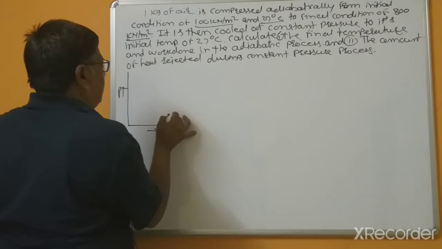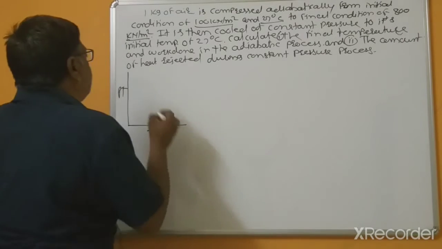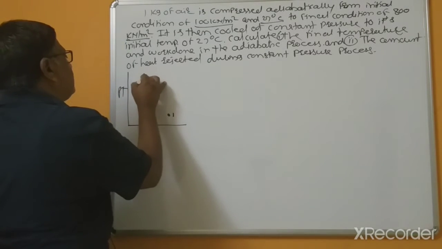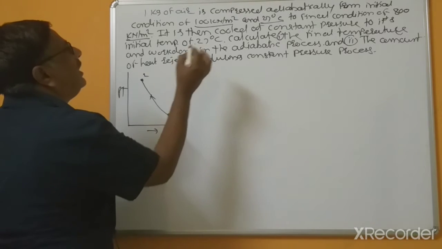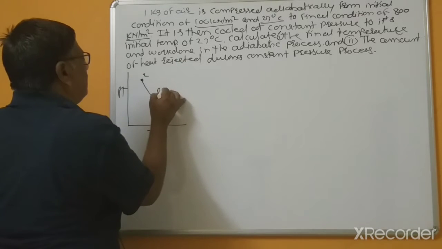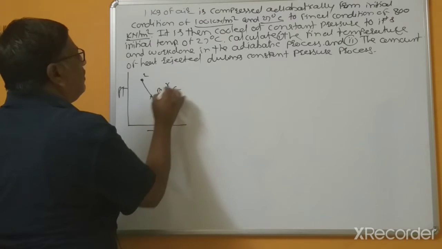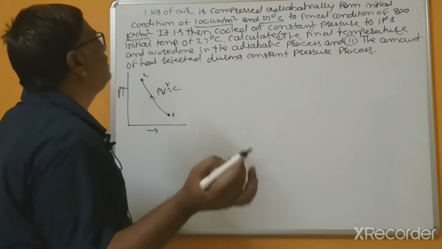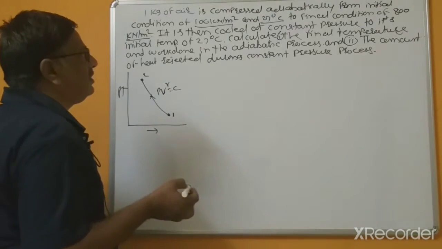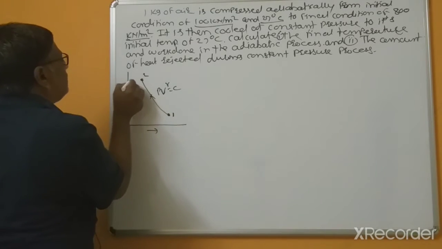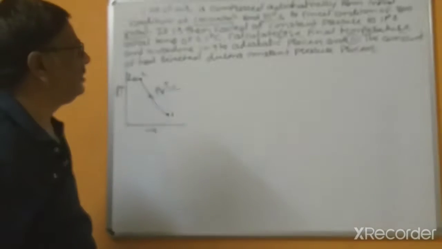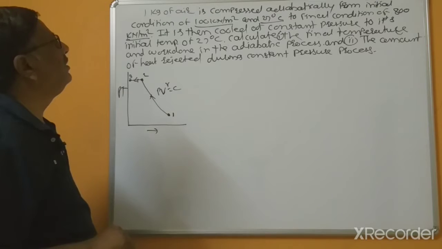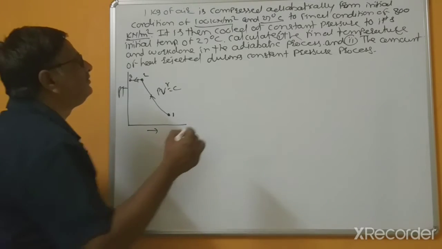Suppose this is the initial condition and the final condition is 800 kilonewton, and this is adiabatic, so PV raised to gamma equals constant. Then it is cooled at constant pressure to its initial temperature of 27 degrees centigrade. Suppose this is the third point, and this is constant temperature.